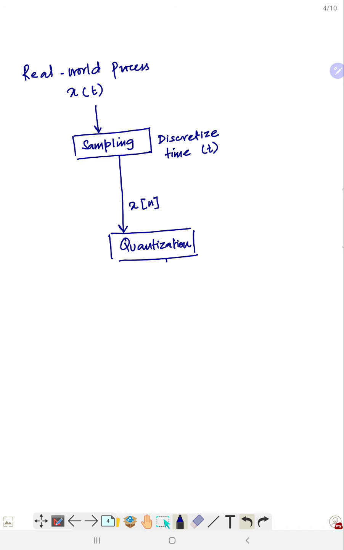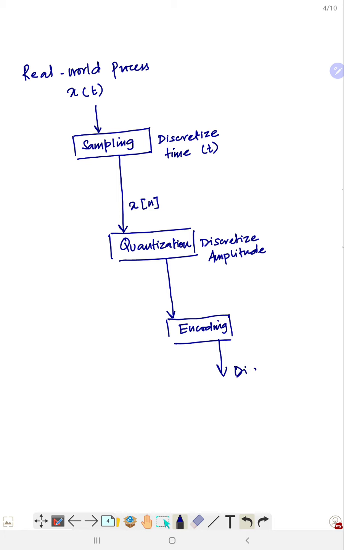Quantization discretizes the amplitude, so it puts a limit on the amplitude. Then we have another small process, the process of encoding, and then we get what's known as a digital signal.